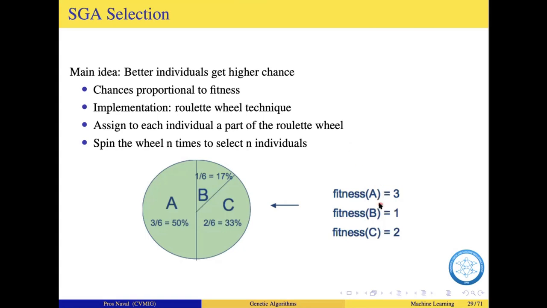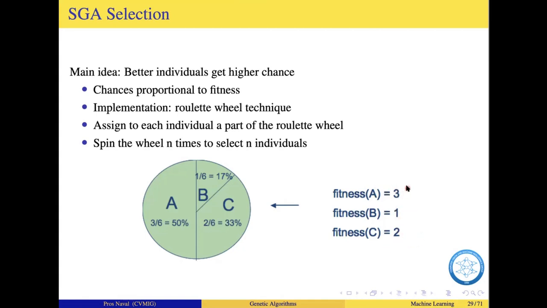For example, you have 3 individuals, A, B, and C, and the fitnesses of these individuals are 3, 1, and 2 respectively. So if you add all of these, 3 plus 1 plus 2, you get 6.